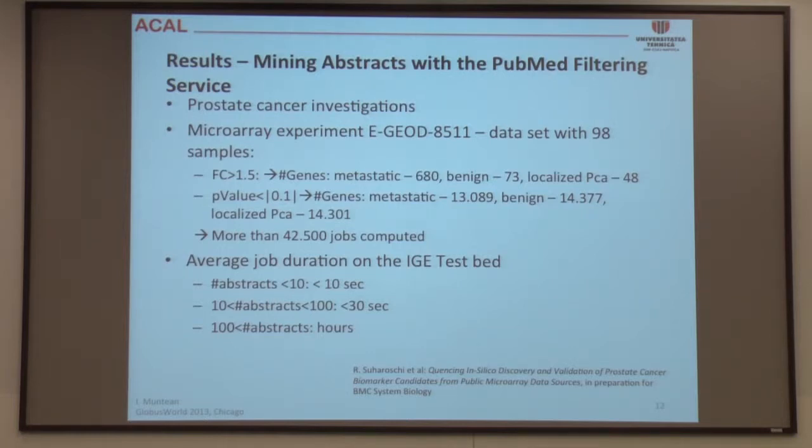In order to get an idea of the performance, they used a standard microarray experiment, which is basically a data set of 98 samples, and they extracted the abnormal genes and proteins, and they ended up with over 40,000 jobs that have been computed. If the number of abstracts is pretty low, the time for each job is very low, but it can rise pretty quickly to a lot more time.